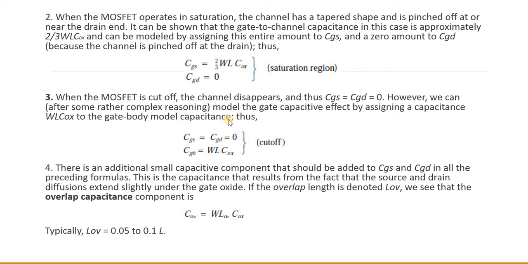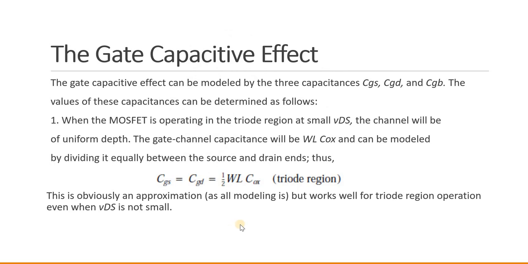So we can model the gate capacitive effect by assigning the capacitance WLCOX to the gate body capacitance. Under the triode region, CGS and CGD will be equal, equally divided between the source and the drain, so the value is WLCOX divided by 2.